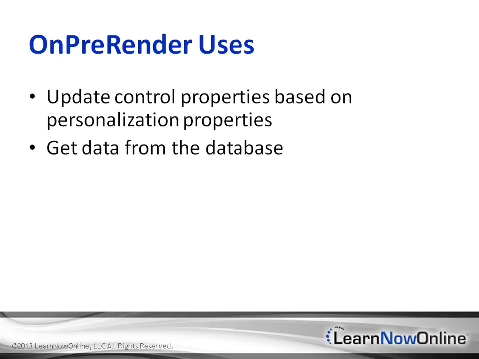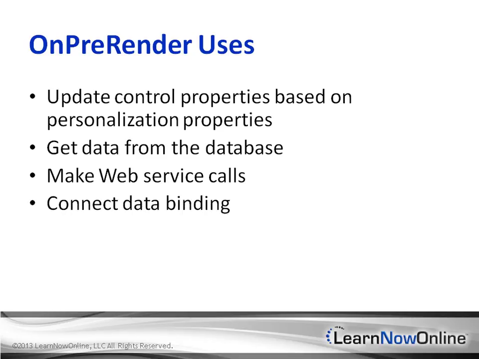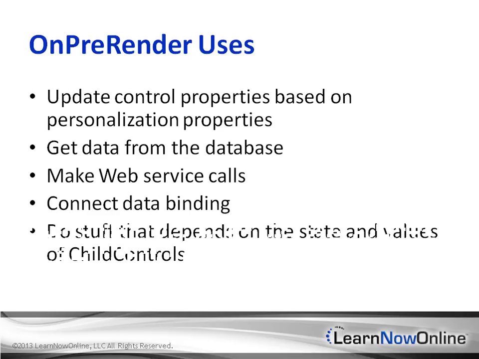So onPreRender is also a good place to do things like getting data from the database, making web service calls, any type of data binding that you're going to do. So if you're data binding your controls to whatever data sources that you have. Anything that depends on the state and the values of the child controls.